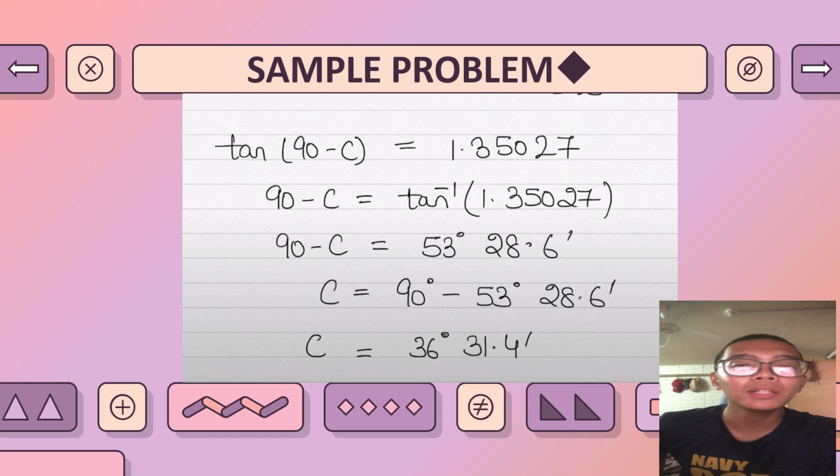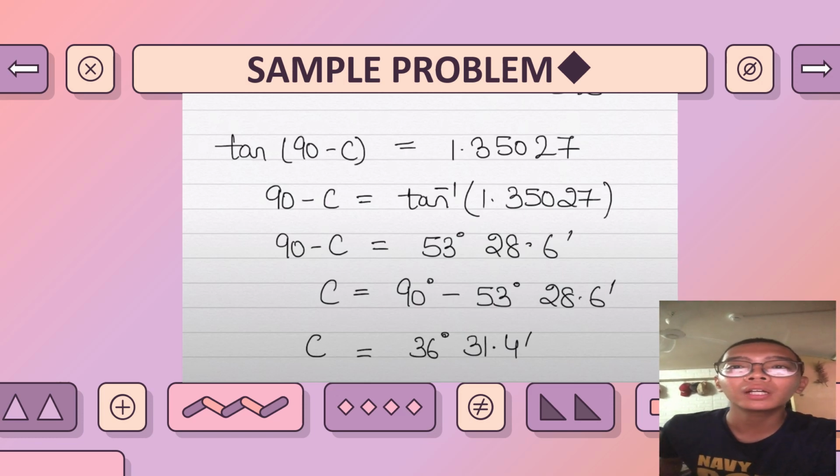So 90 minus C is equal to tan inverse of 1.35027, which is 50 degrees 28.6 minutes.